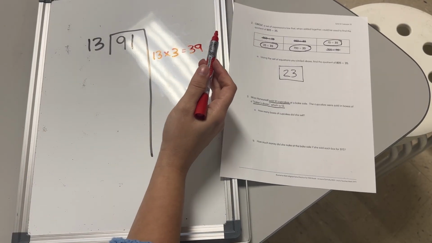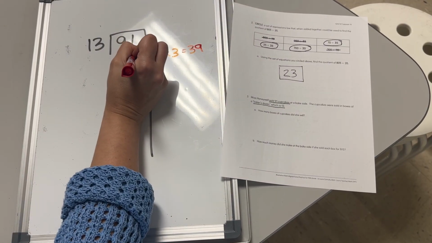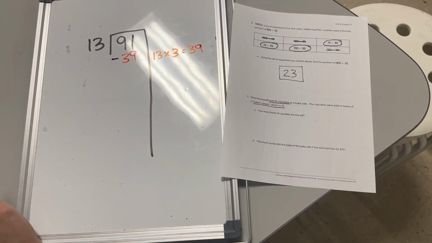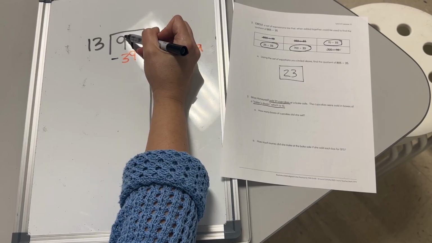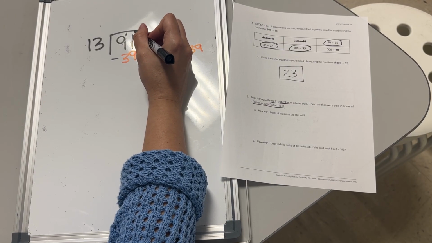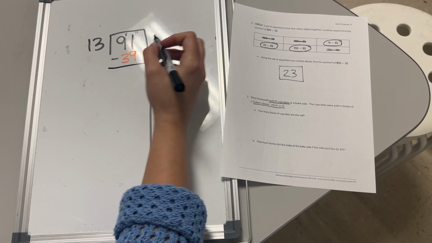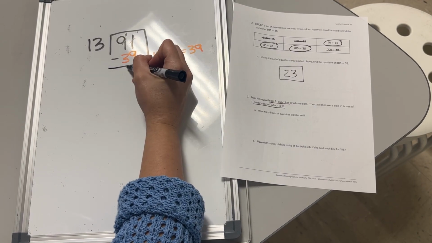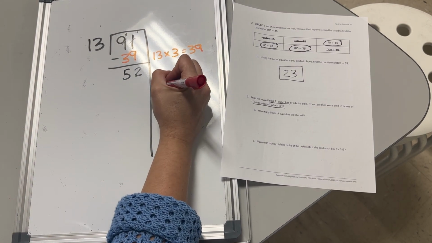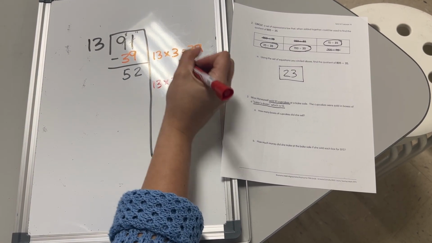So now that I got 39, I'm going to subtract 39 from my 91. Once I do that, I'm going to have to regroup here, making this an 8, making this an 11. Once I do that, I get 52, which means I can fit another 39 in there. I'll do 13 times 3 again.